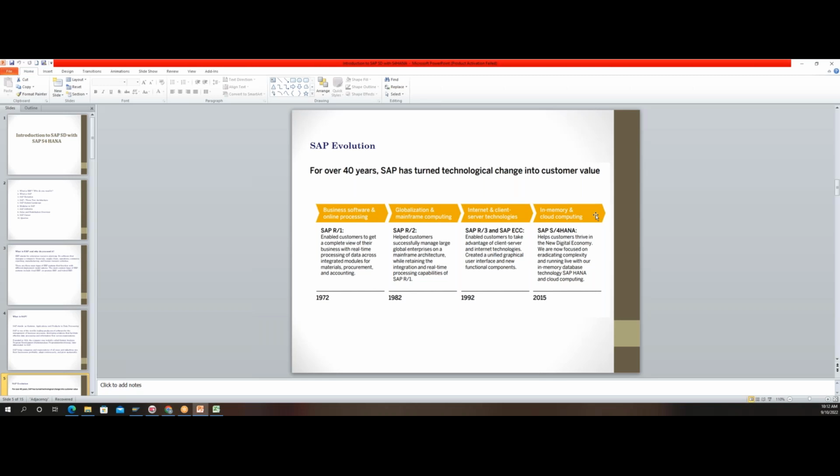Now how did SAP start? SAP started with business software and online processing, initially as SAP R1. Their initial focus was on real-time data processing, on materials, procurement, and accounting. It was not a complete product. It was partly supporting the ERP. And then with R2, it improved a lot. The entire transformation happened.